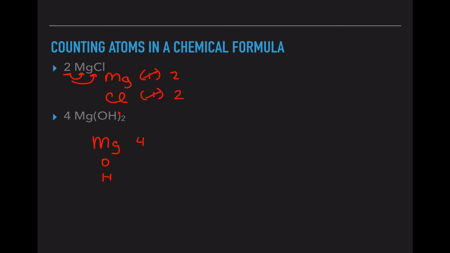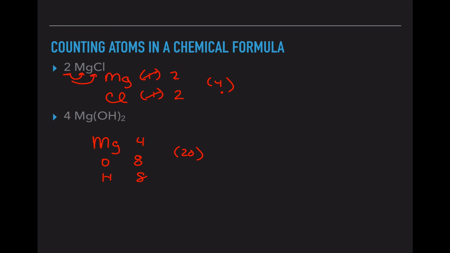Based on the parentheses here, we have to distribute this 2 into this O, so we have 2 O's here, and then we have to distribute the 4. We have a total of 8 O's. Again, distribute the 2 and distribute the 4, and we have a total of 8 H's. So our total here becomes 20 atoms in that sample, and our total up here becomes 4 atoms.